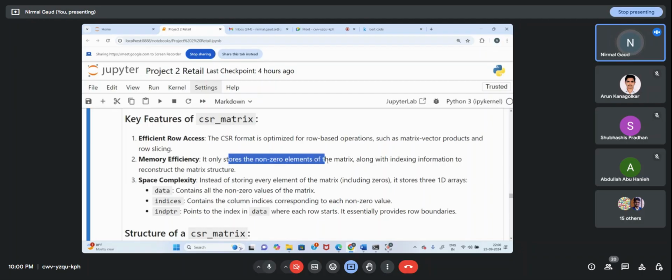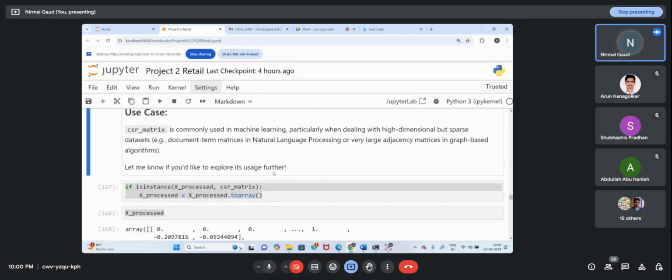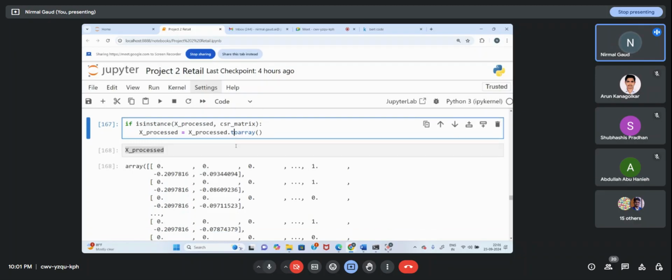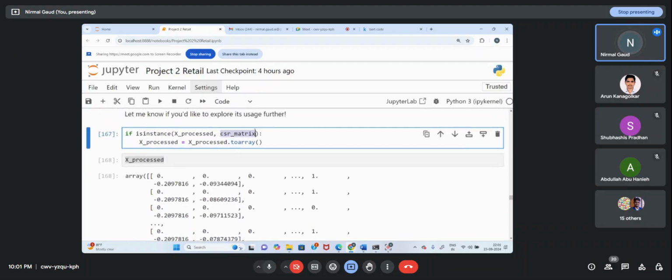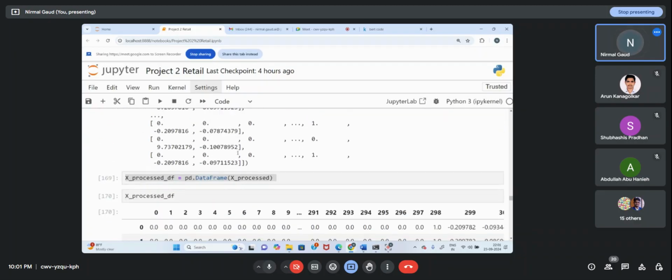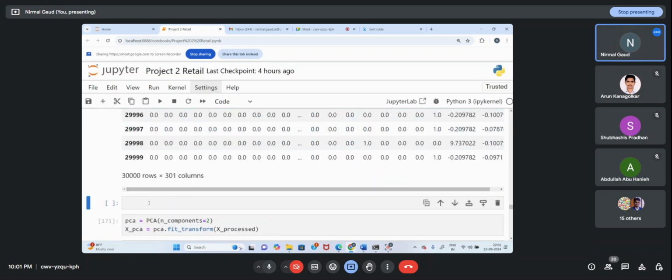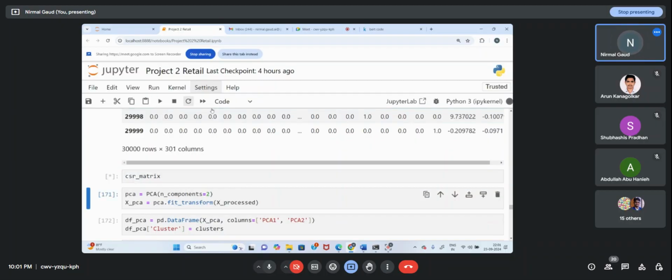It only stores non-zero elements of a matrix along with indexing information. So we create a CSR matrix that will have only the relevant values. I haven't printed the CSR, so let me print this CSR also. Let me check out the CSR matrix.